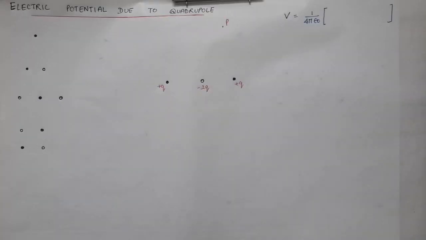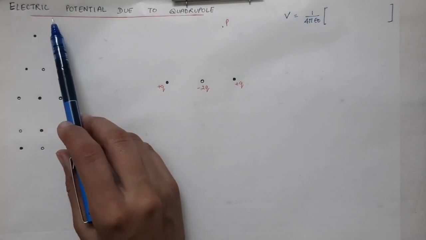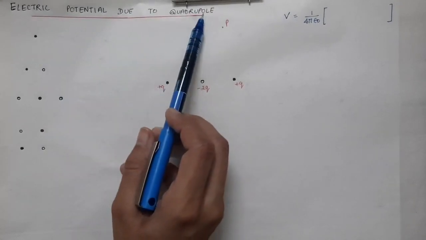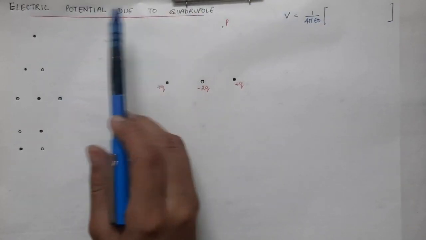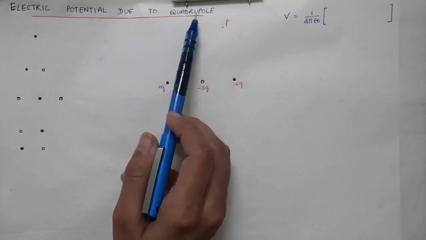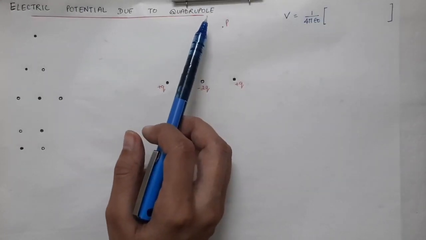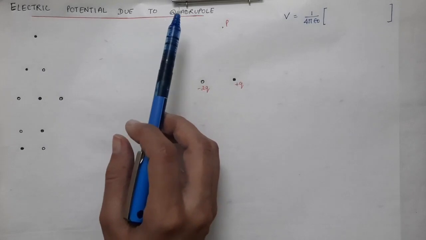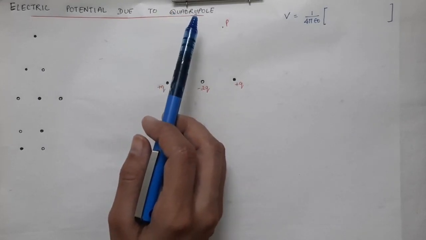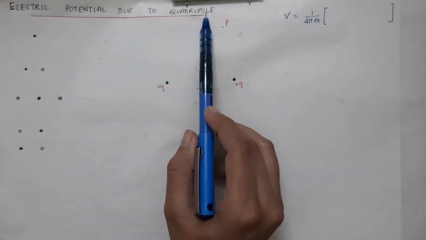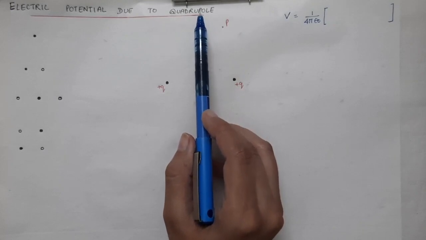Now we are going to start with the article of electric potential due to a quadrupole. So earlier we did the electric potential due to an electric dipole. So in the case of dipole we have two equal and opposite charges, whereas in the case of quadrupole we will have 4 charges.